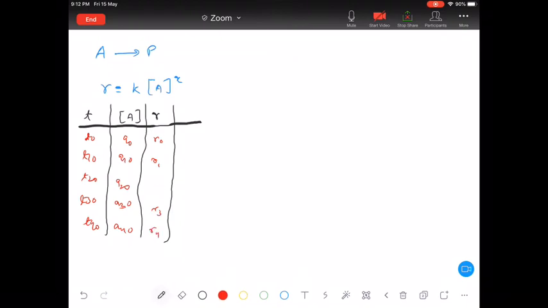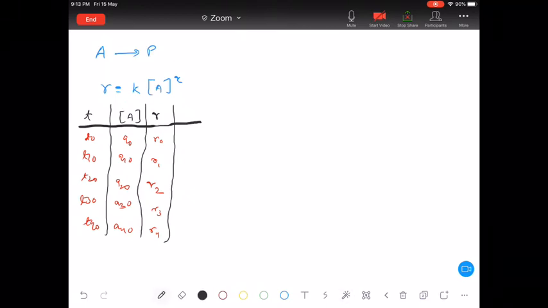Now, as I am writing the rate law as R equals K A to the power X, I don't know whether the order of reaction is zero, first, second, or half, we don't know basically, right? So I'll try to plot this R versus A curve. Now we will understand why I'm plotting R versus A here.